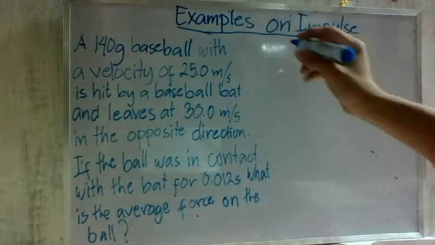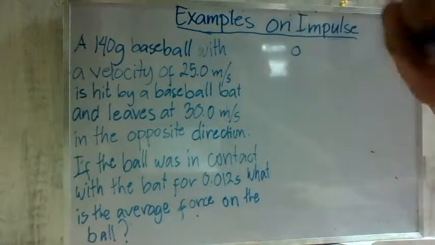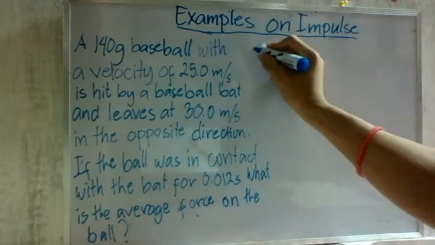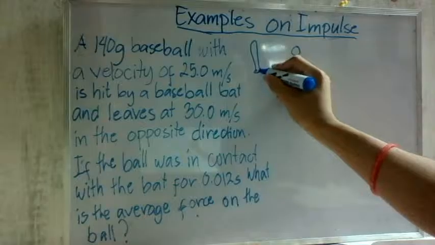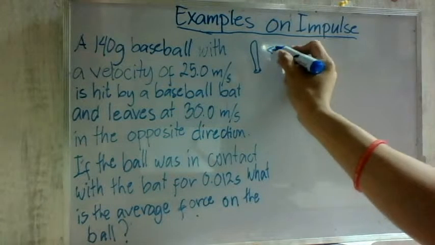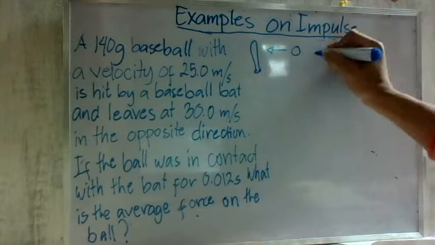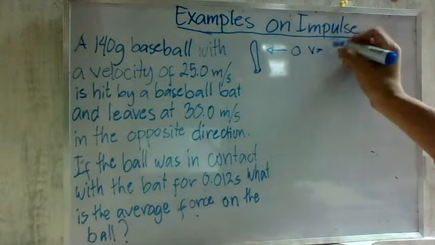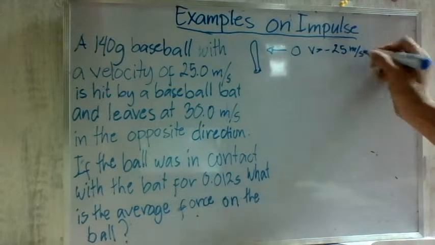So, natay bola nga patiran sa bat. Paingon siya sa bat, na siya'y velocity nga negative 25 meters per second.